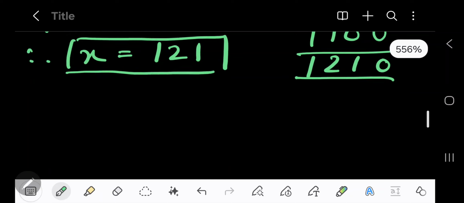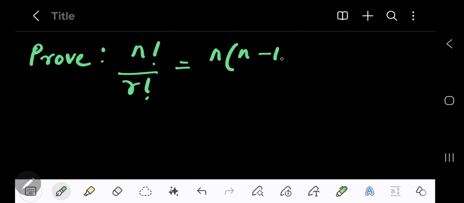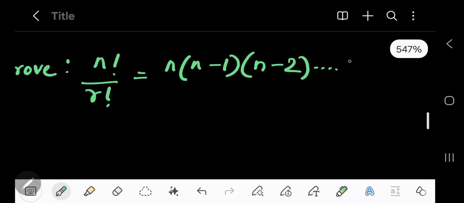Alright, our next question is a proving question. Prove that n!/r! equals n times (n-1) times (n-2) and so on down to (r+1).